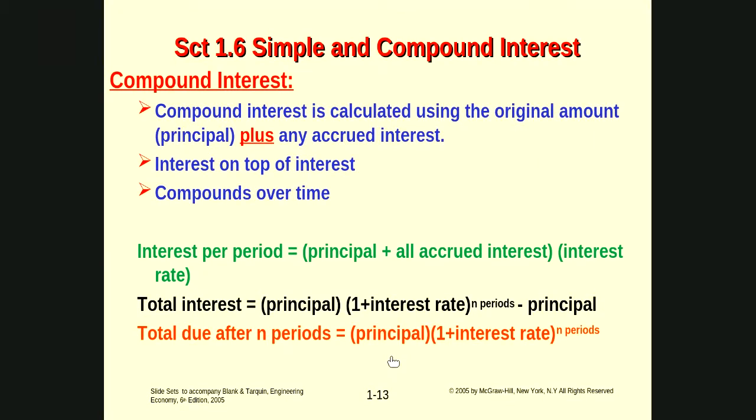The compound interest, in the definition, is using the original amount plus the accrued interest. So the accrued interest, which is the interest that comes out for me every year, is considered. It means that when in the first year I have 105 from the original 100, the 105 is used for the following year to apply the interest.